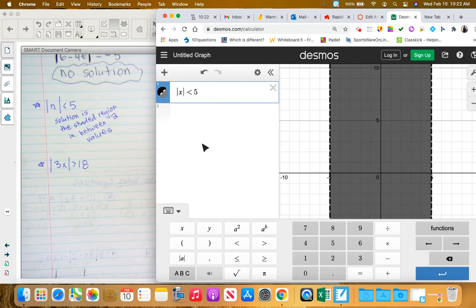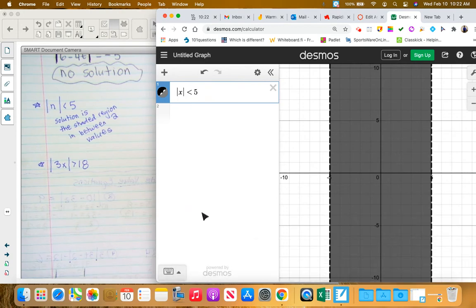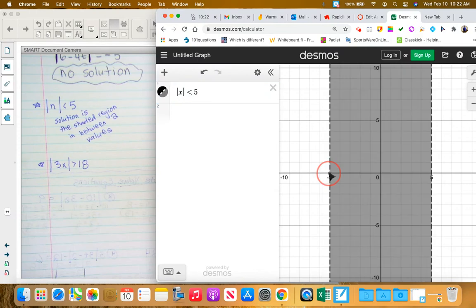So what I mean by that is if I look at the graph, I see that my graph goes from negative 5 to positive 5. So your solution is going to be this shaded region from negative 5 to positive 5.